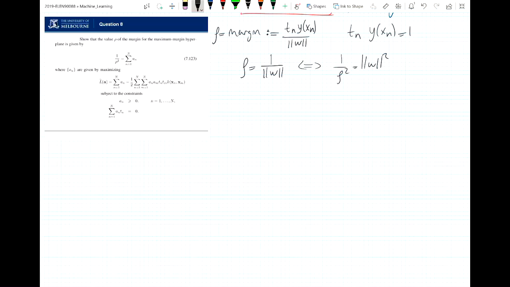Now, for the maximum margin solution, we need to write the Lagrange multiplier. If we plug it into the Lagrangian, we have W and b, and we have 1/2 W squared.